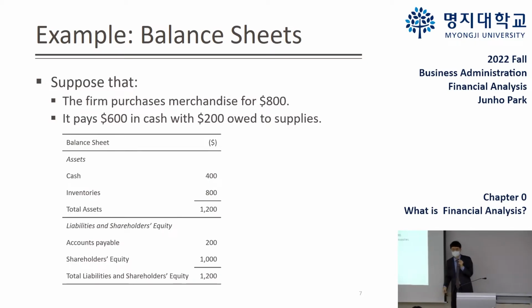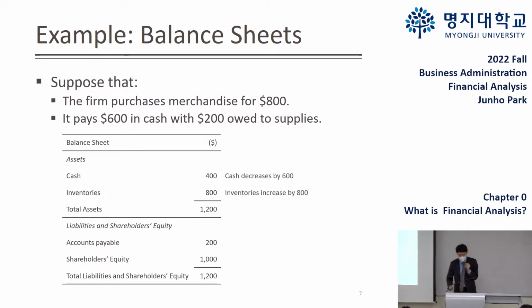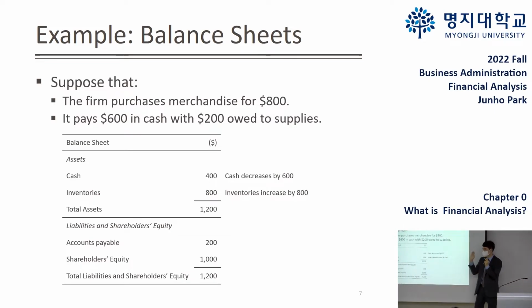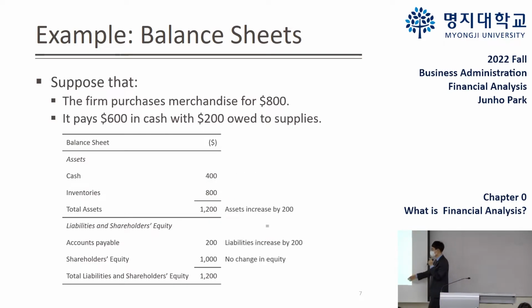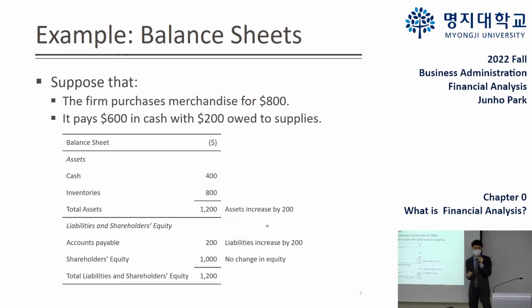And at the same time, let's take a look at this specific transaction. So what happened? Cash decreases by 600 by this transaction, but at the same time, inventories increase by 800. Summing these two, they cancel out each other, and the only increase in assets is 200.